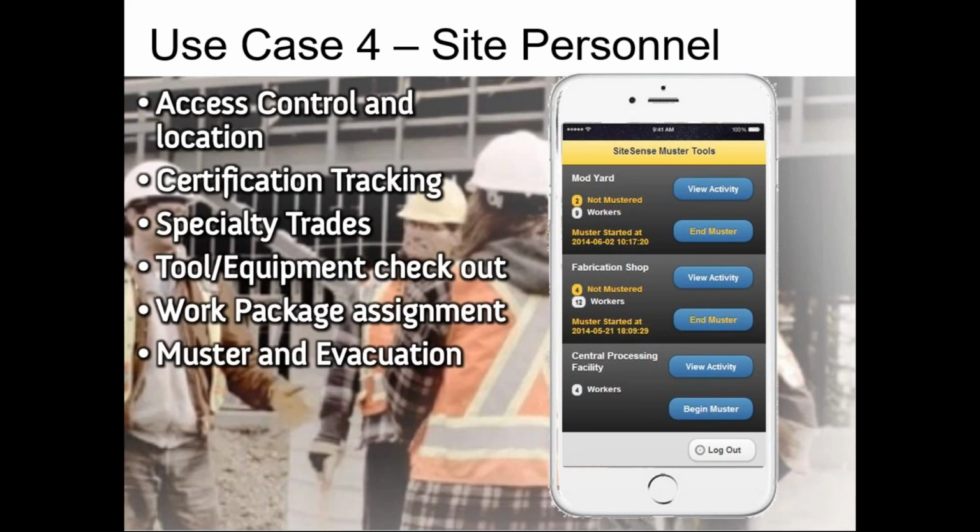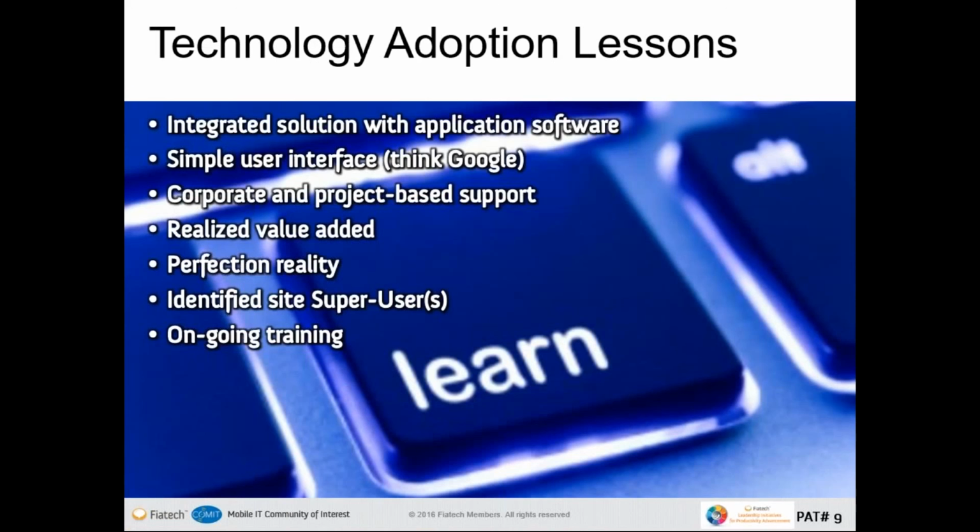If you're building your work packages and redoing them throughout the project, they can see what package they're assigned to, what tools they need, what equipment they need, and what other specialty trades might be needed on that work package. All that's available from that mobile device, so they don't need to go back to the office or trailer to find that information. So personnel tracking has many benefits, not just safety, but also what it is that the worker needs to complete.